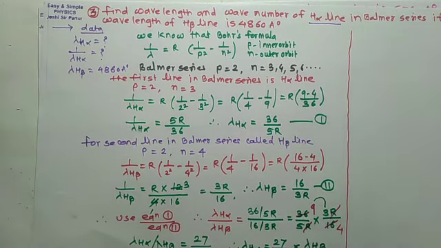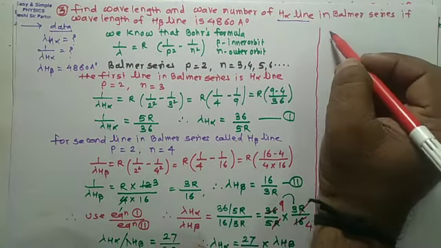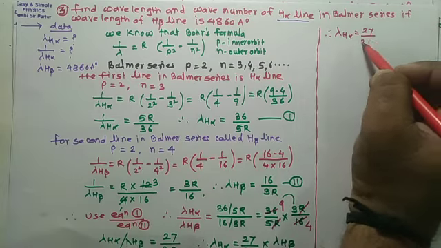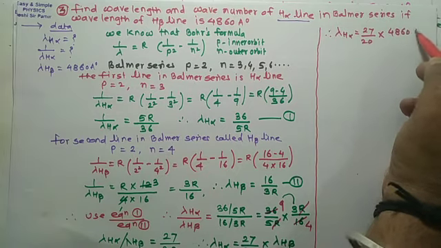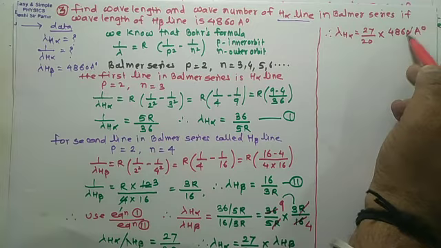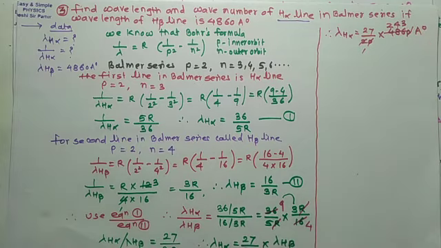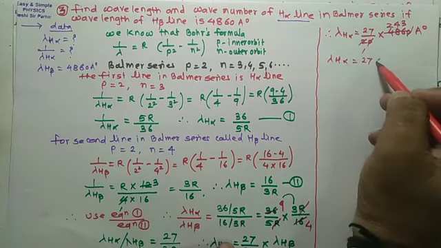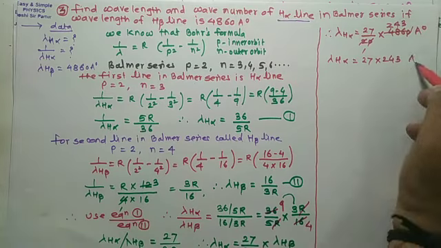If we substitute the value of lambda H beta, then lambda H alpha equal to 27 divided by 20 multiplied by 4860 angstrom unit. Here the zeros get cancelled, 2 ones are 2, 2 twos are 4, 2 fours are 8 and 2 threes are 6. So lambda H alpha is equal to 27 multiplied by 243 angstrom unit.